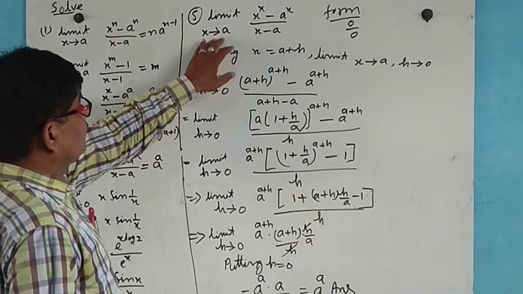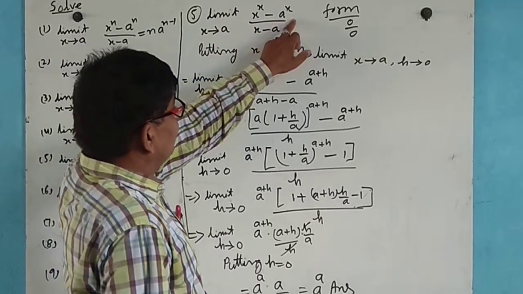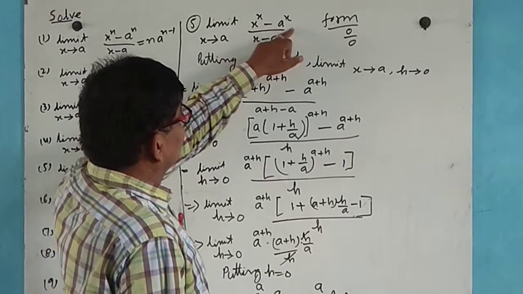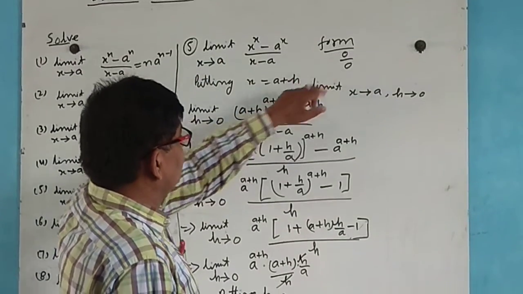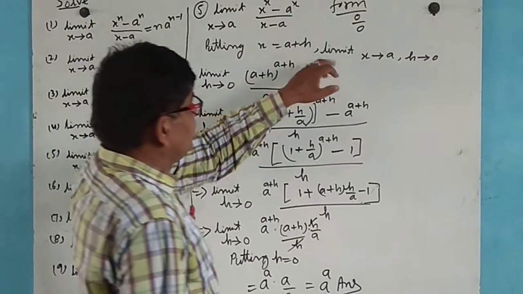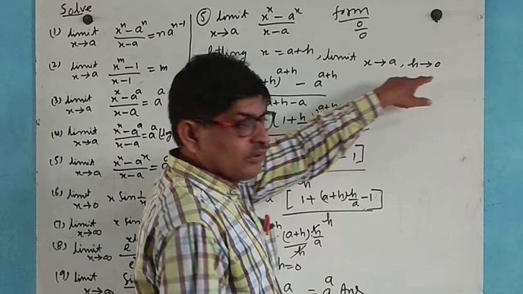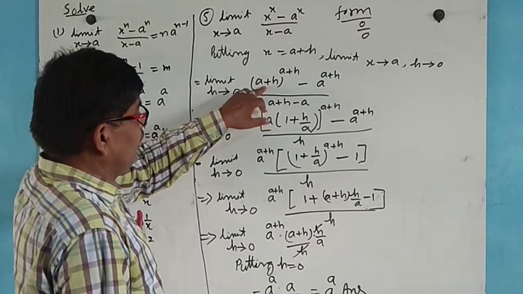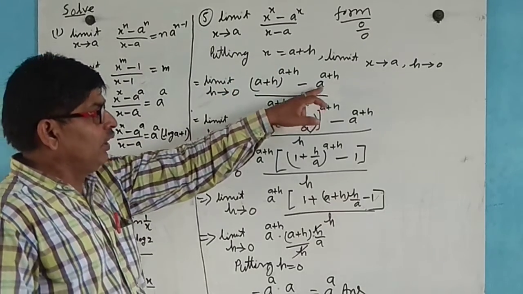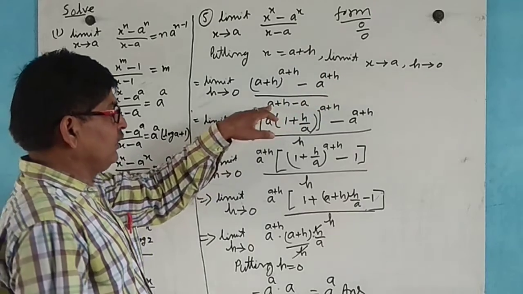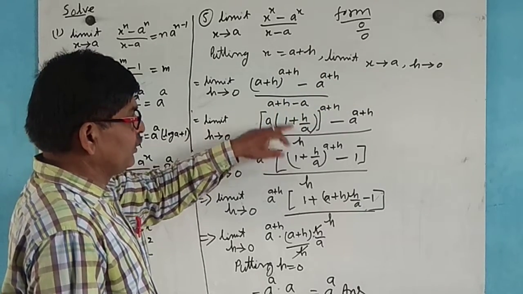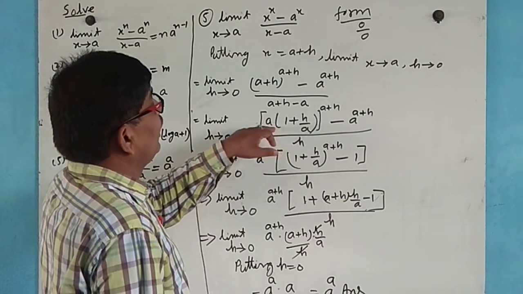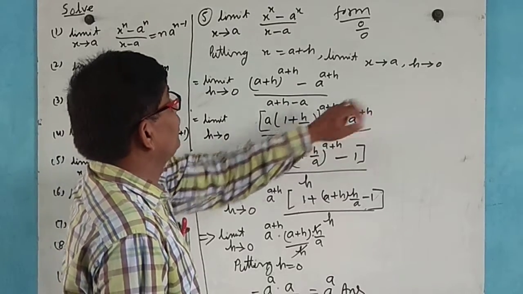Now limit x tends to a, x to power x minus a to power x divided by x minus a. Form will be, putting x equal to a, a to power a minus a to power a, that is 0, and this is also 0. Putting x equal to a plus h, limit x tends to a, so that h tends to 0. Now put x equal to a plus h here, a plus h to the power a plus h, and a to power a plus h here, a plus h minus a, a remove, this is simple h. And we take the common a, 1 plus h by a, and here a plus h, and a to power a plus h.